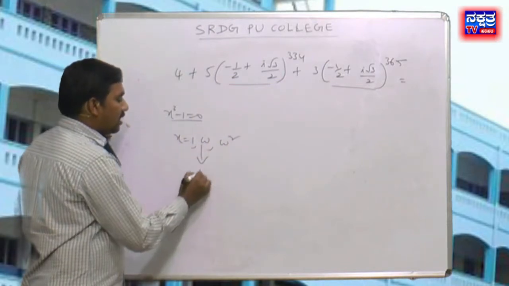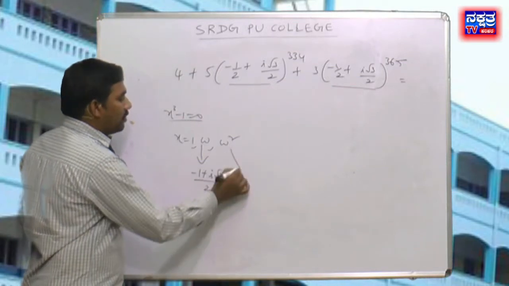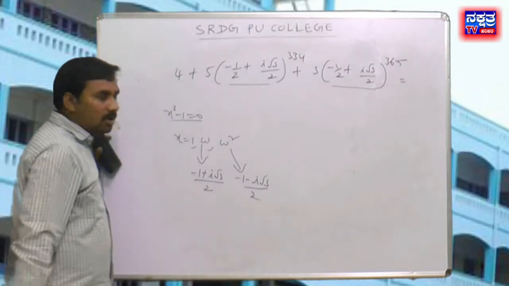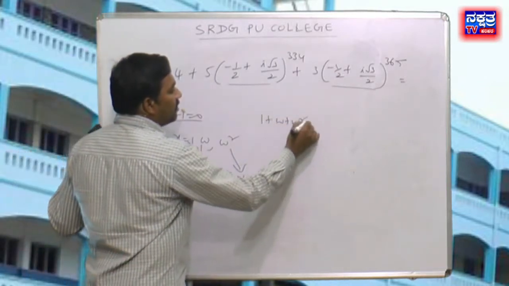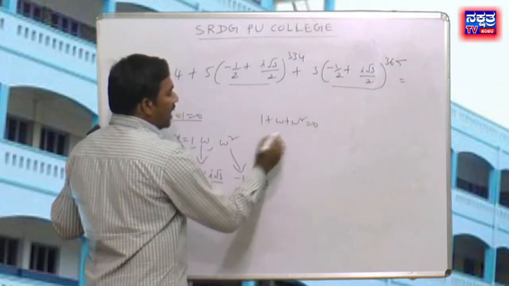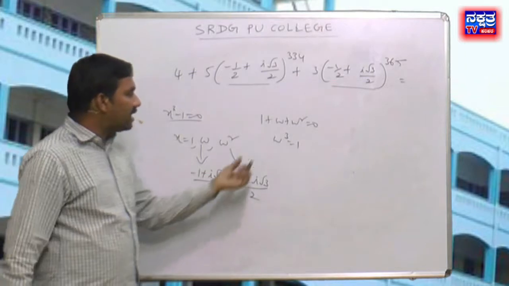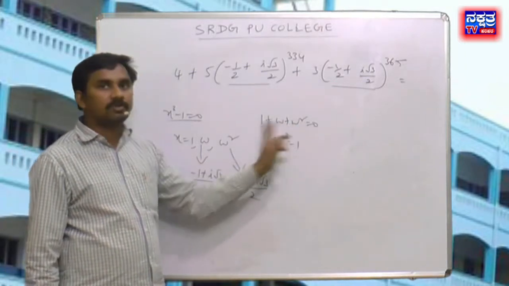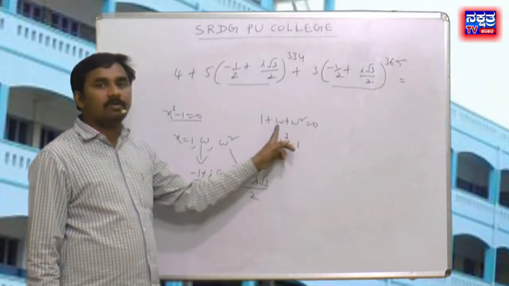What is omega? Minus 1 plus i root 3 by 2, and omega square is minus 1 minus i root 3 by 2. What are the properties of this? 1 plus omega plus omega square equal to 0 and omega cube equal to 1. From this you can write 1 plus omega equal to minus omega square, omega plus omega square equal to minus 1, and 1 plus omega square equal to minus omega.